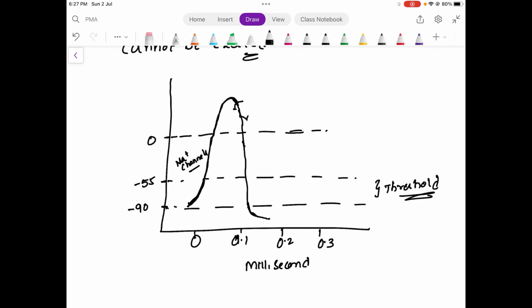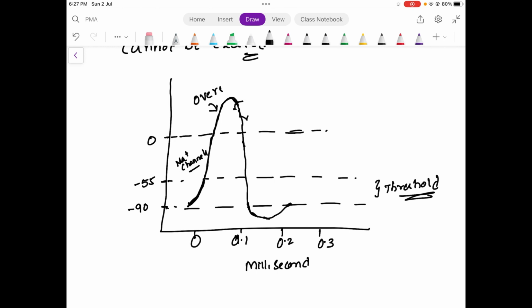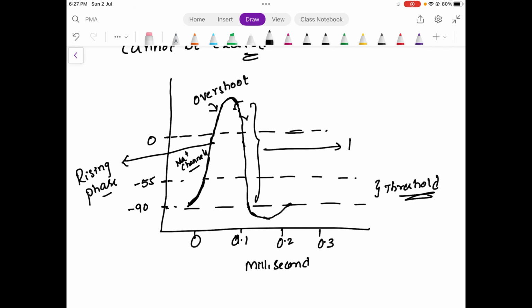This is called after hyperpolarization, and again it comes back to minus 90 millivolts. This is the overshoot, this is above 0, this is the rising phase, this is repolarization.